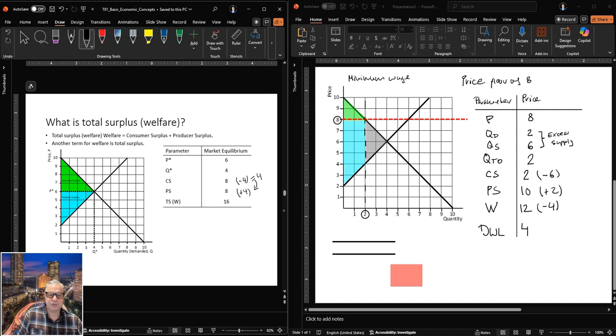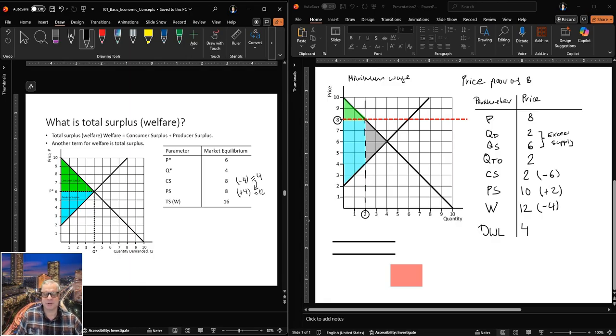And the producers, the workers, if we just give them 4, for example as a cash transfer, then their total surplus is 12, which is still better than the 10 that they get with the minimum wage.